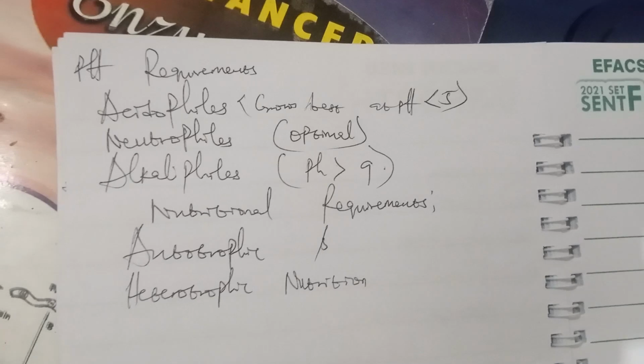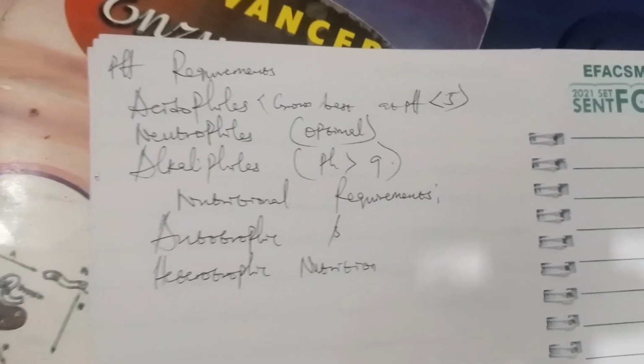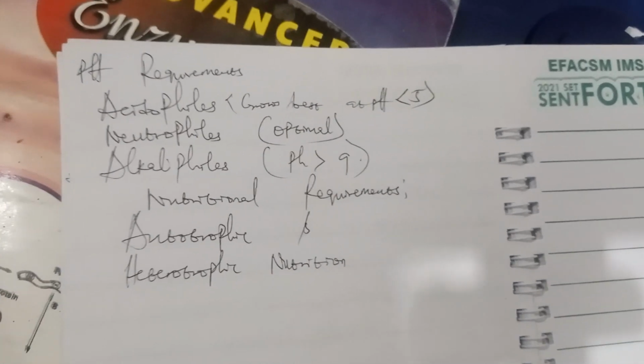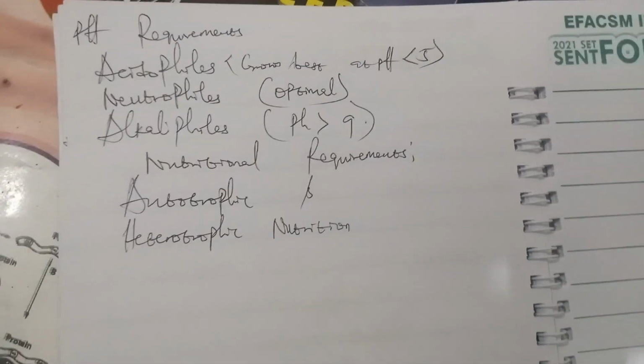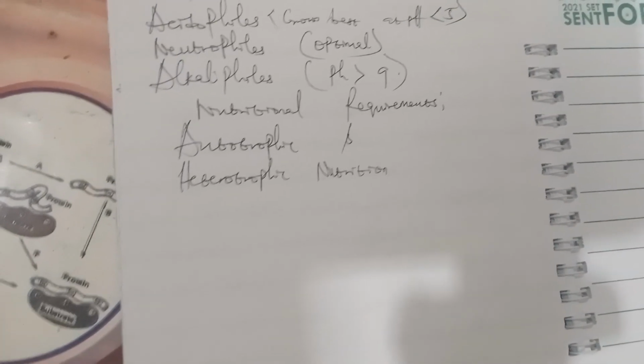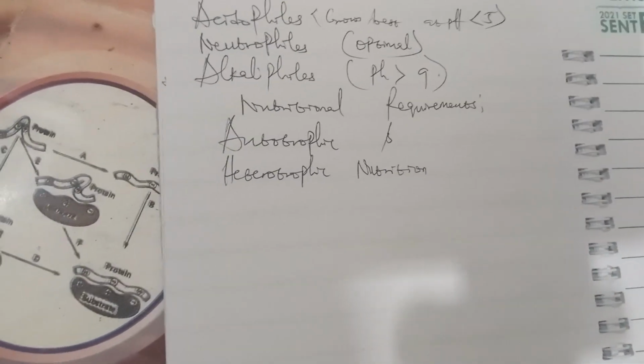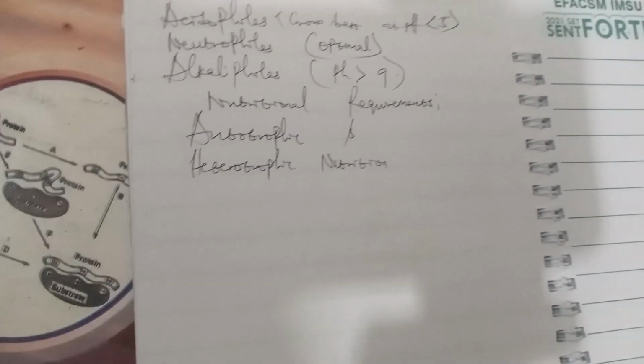Under the pH requirement, we have the acidophiles, they grow best at a pH less than 5. Neutrophiles, optimal at neutral pH, right? Alkalophiles, pH greater than 9. And meanwhile, nutritional requirements, we have the autotrophs and we have what? The heterotrophic microbes, those that produce their food on their own and those that depend on other organisms to produce their own. So that is it.